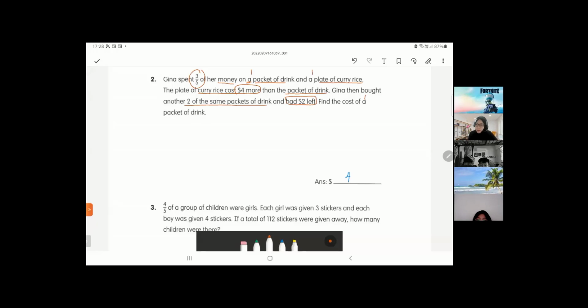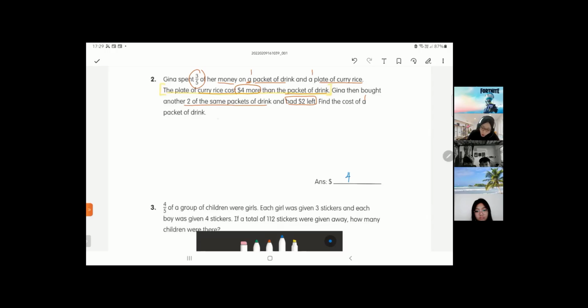Okay, we need to pluck out information from the question. The cost of one plate of curry compared to one packet of drink, this is from this sentence. Pluck out means I'm going to rewrite it in terms of an equation. The curry rice is more.